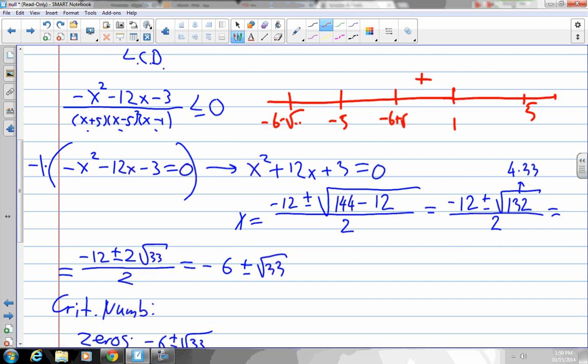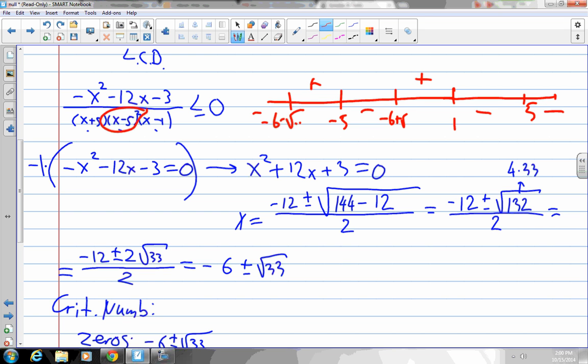Then it changes the sign here, but it stays negative over there because positive 5 came from this region of even multiplicity. But then the sign changed everywhere else. So then your solution clearly changes, but it does not affect the critical numbers per se. Okay?